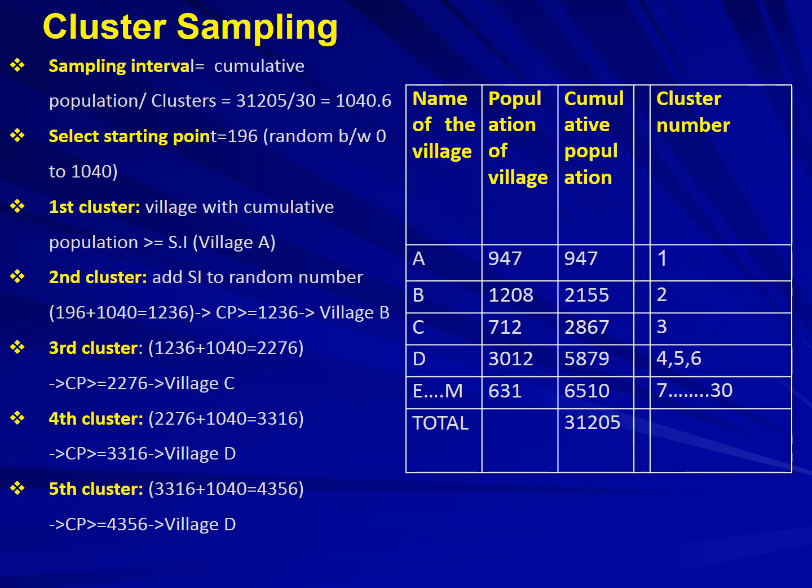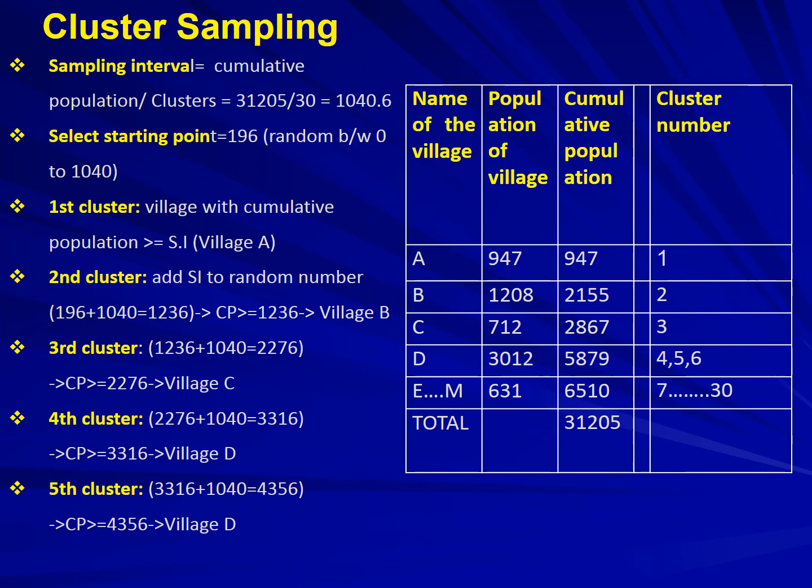Again we have to select the fifth cluster, and if we add our sampling interval to 3316, it gives the figure of 4356. Again we search the third column for the cumulative population more than or equal to 4356. Again the village is village D. So we select the fifth cluster in village D.